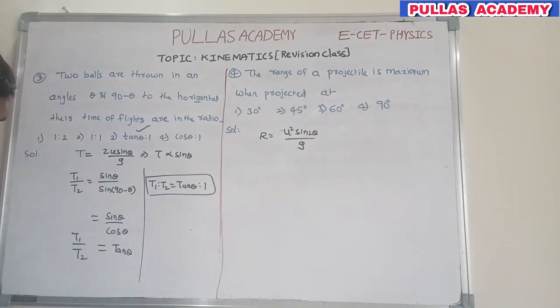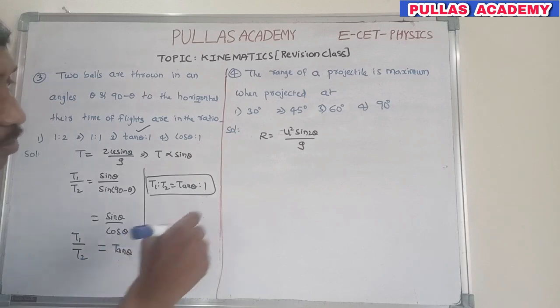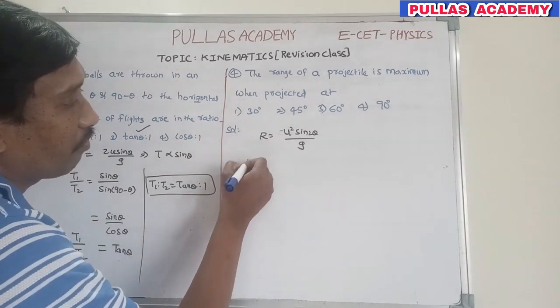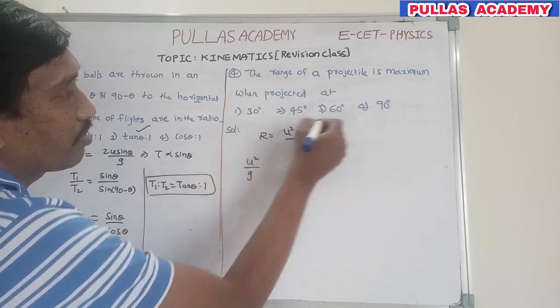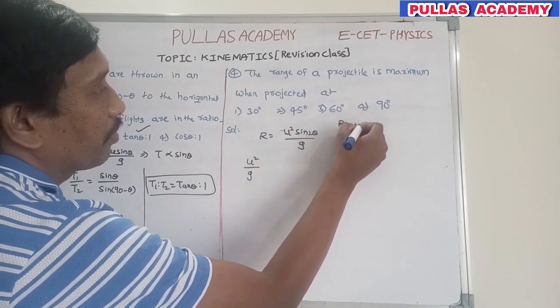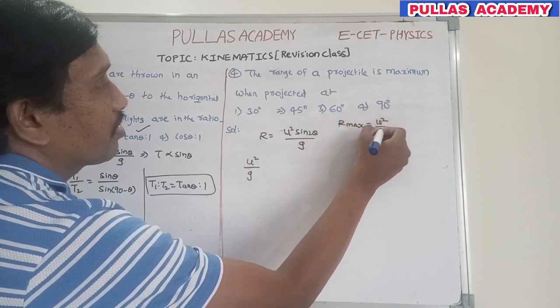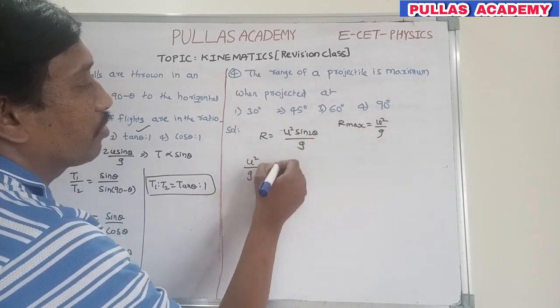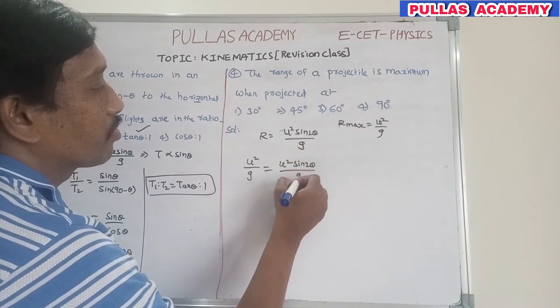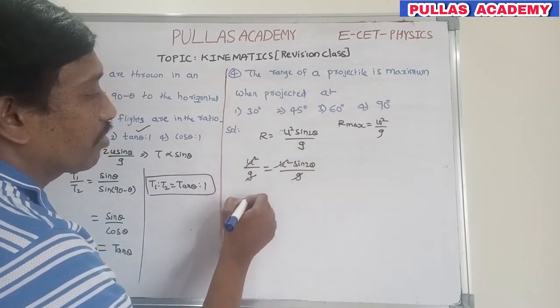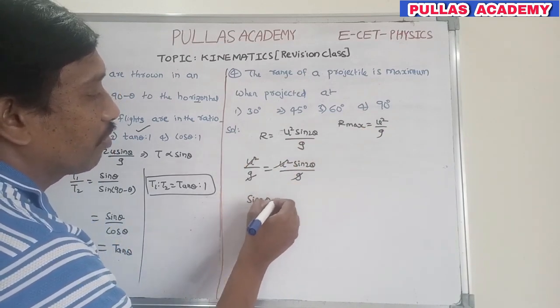The maximum range is u square by g. This is R max. Substitute into u square sin 2 theta by g, so g cancels, u square cancels, then sin 2 theta is equal to 1.